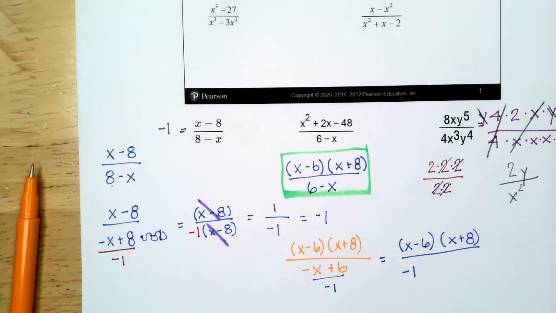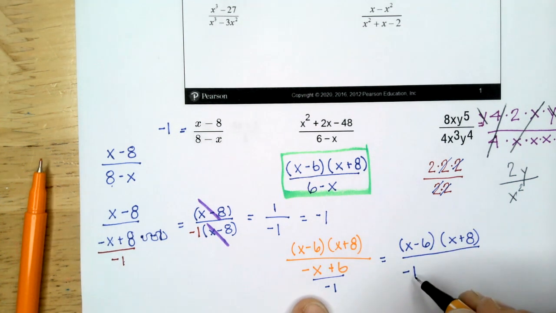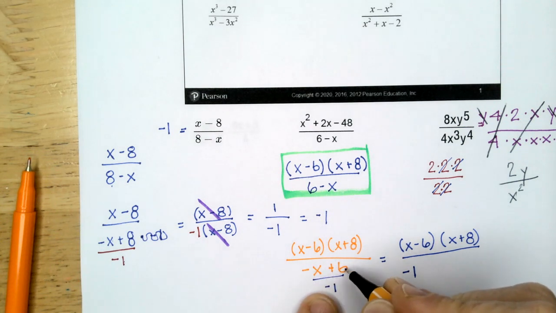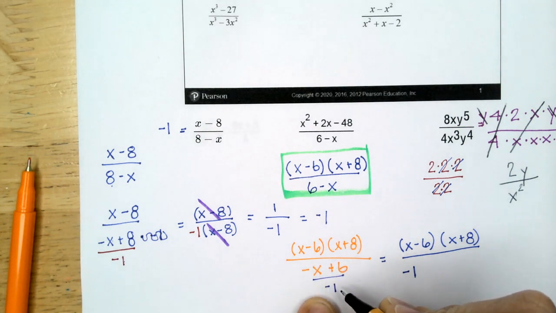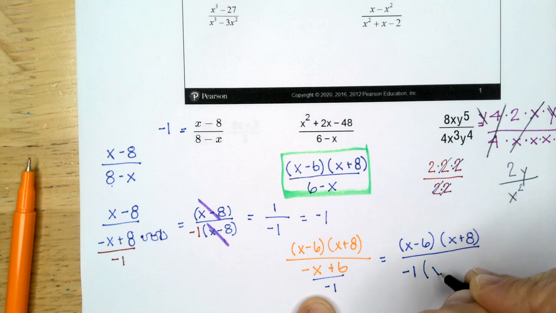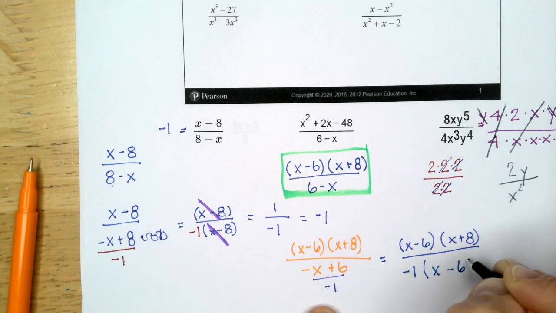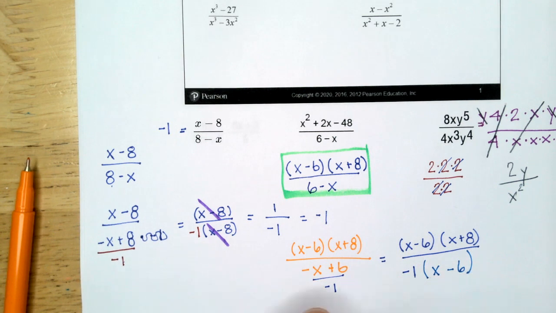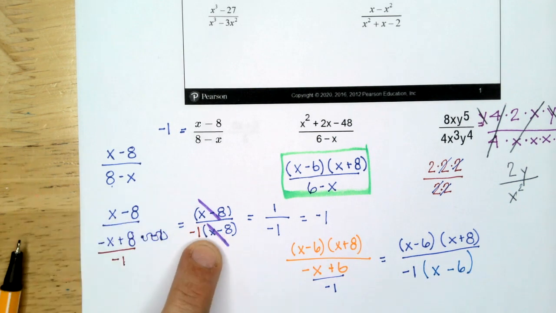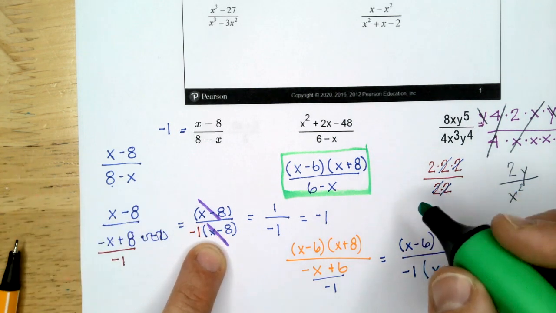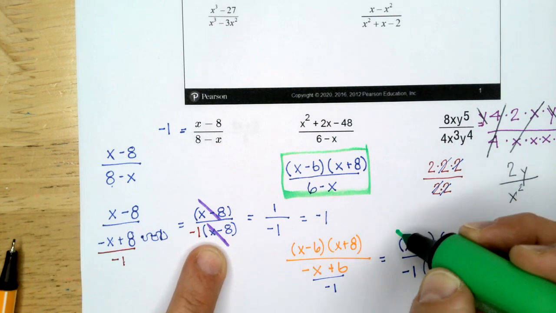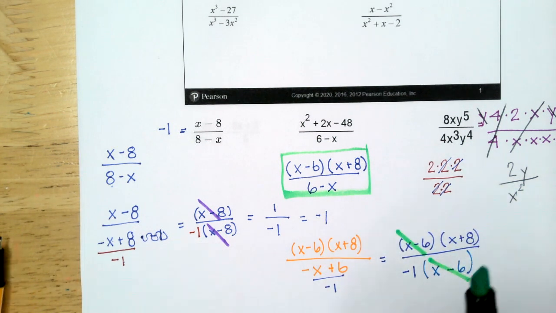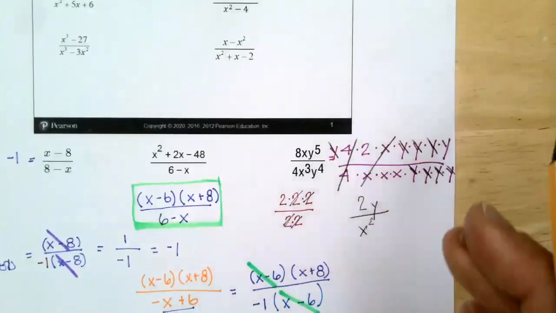That negative 1 is now a factor of negative x plus 6. Negative x divided by negative 1 becomes a positive x. Positive 6 divided by negative 1 becomes a negative 6. So instead of a negative x plus 6, I have negative 1 times x minus 6. That means just like x minus 8 and x minus 8 factored out or canceled, x minus 6 and x minus 6 cancel each other out.